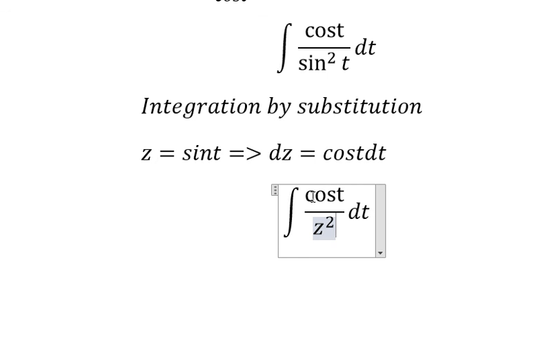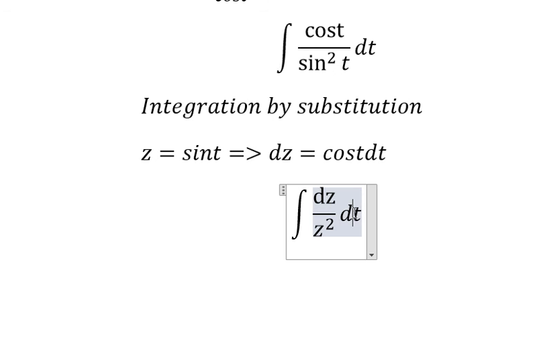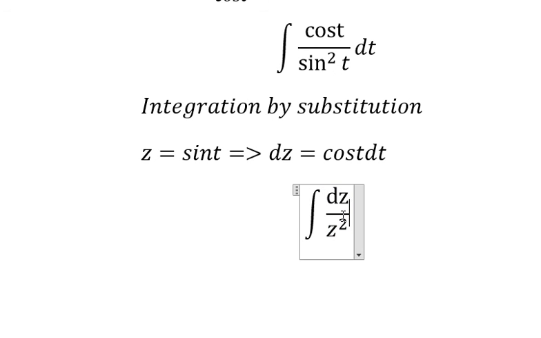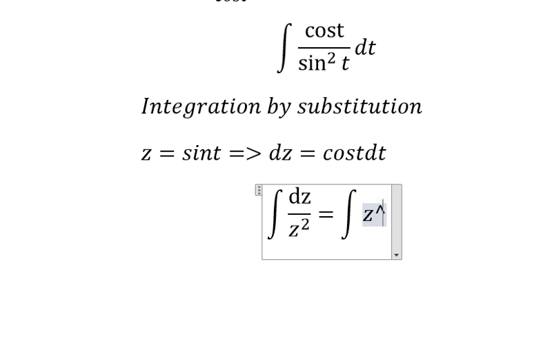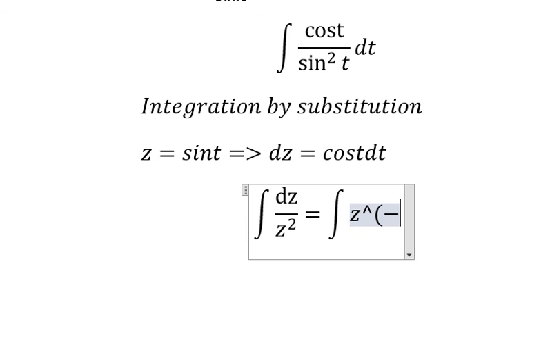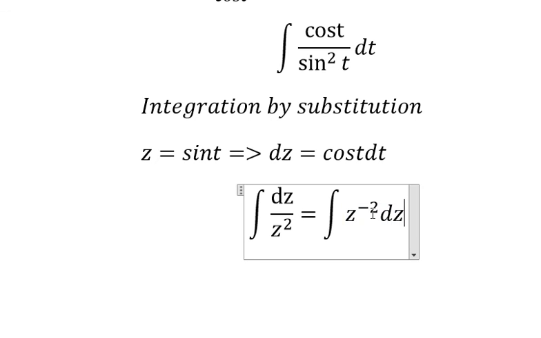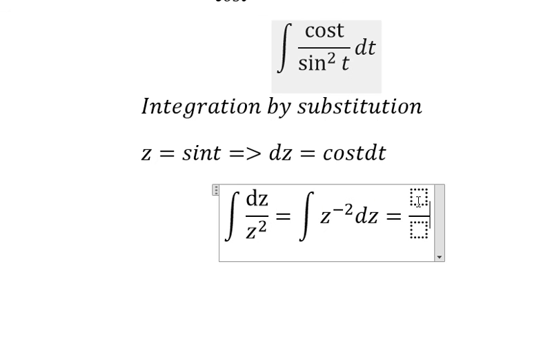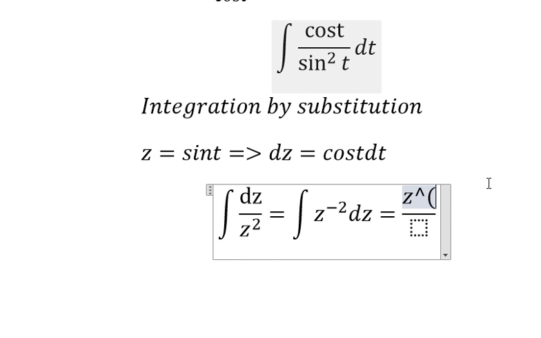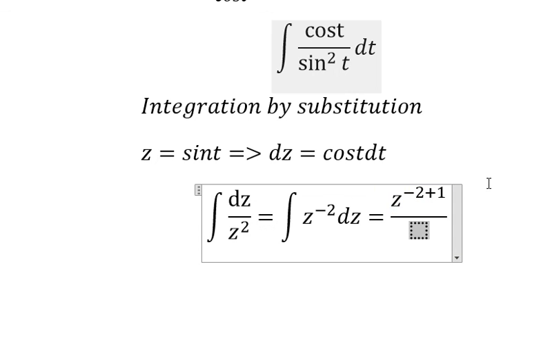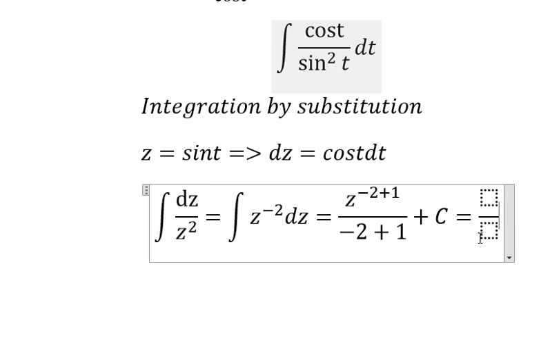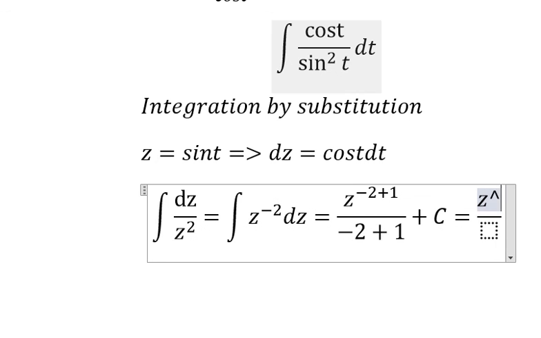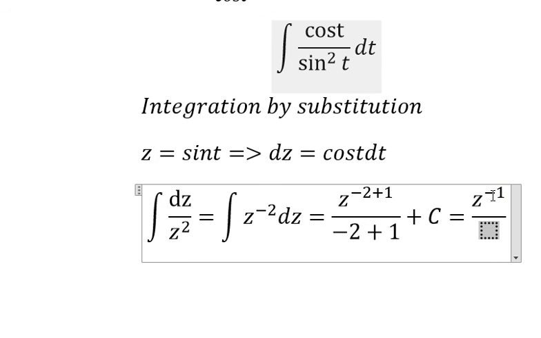Cosine t dt, you change to dz. z changes to the power of negative 2 dz. And we have z to the power of minus 2 plus 1, over minus 2 plus 1, plus c. And this is z to the power of minus 1, over minus 1.